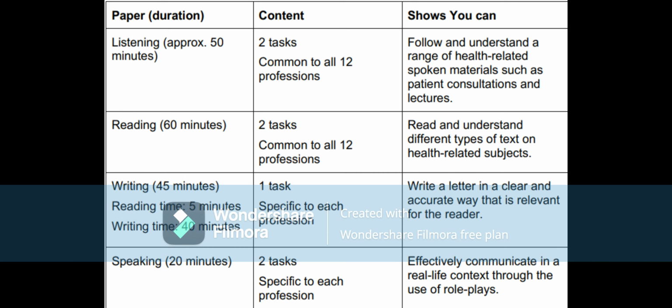Maybe the challenge is the language, since you are talking in English. Whenever you get time, try to talk in English, at least in front of the mirror, so you will get familiar with the language and how to talk. So these are all the sub-modules you need for the OET.